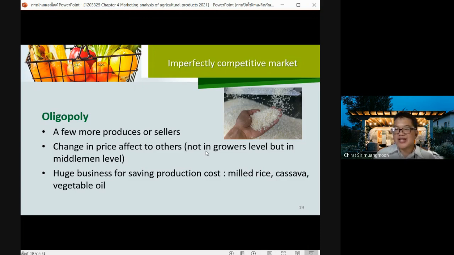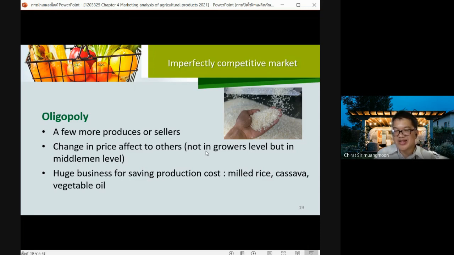The reason why there is a lot of effect on middlemen is because they are a group of people who use some strategies and force to launch the product. And actually in Thailand, the middle person has more power than the grower.